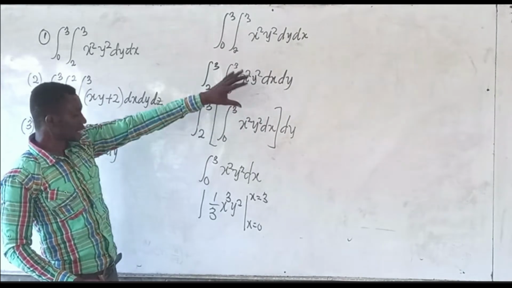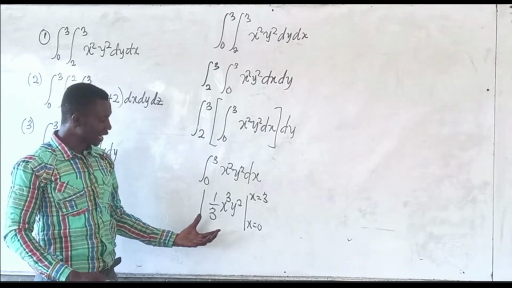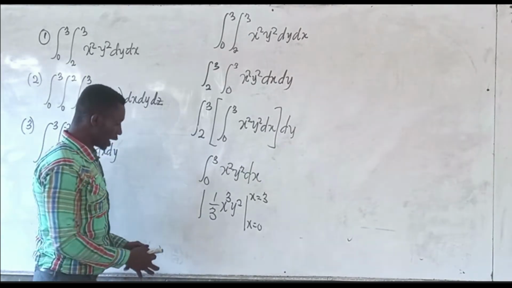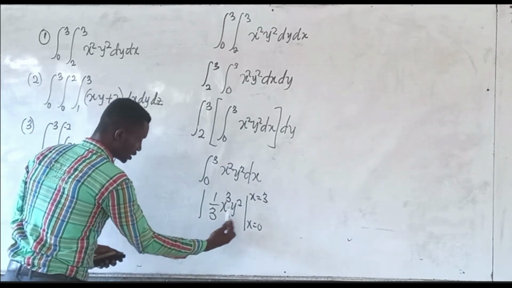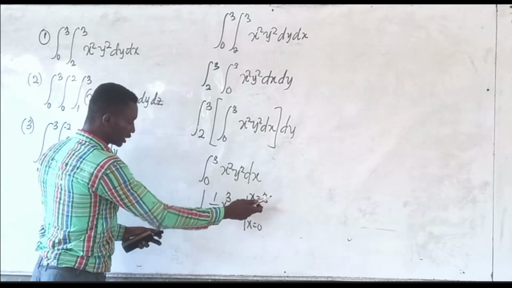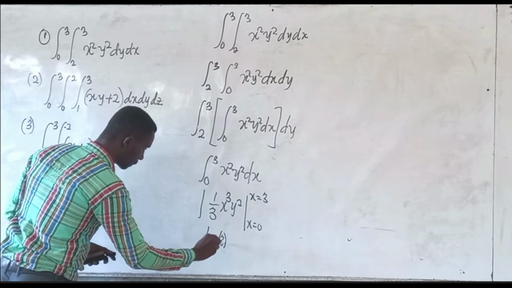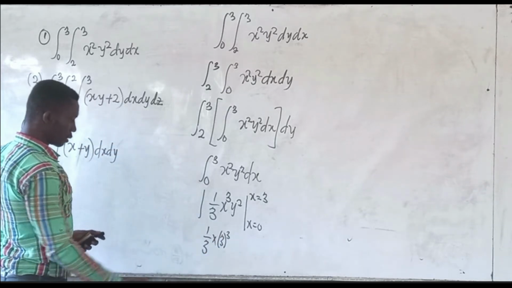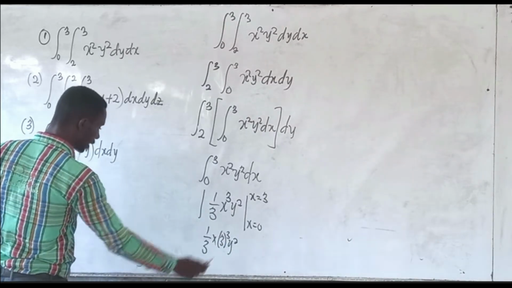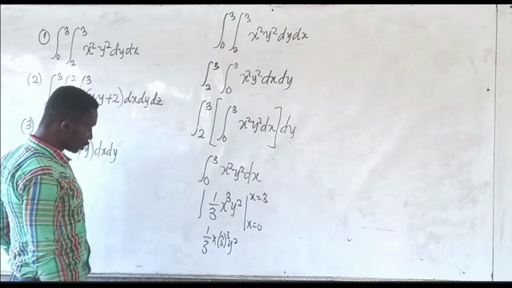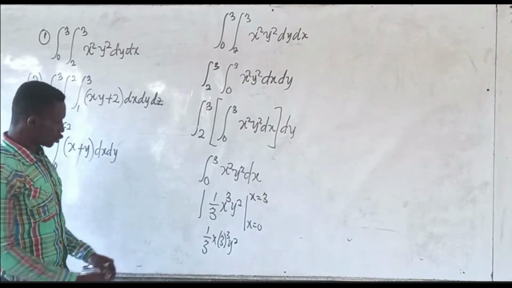After that, I will get a very humble algebraic expression to substitute. When you substitute 0, the whole thing will be 0. Substitute 3: one over 3 times 3 to the power 3, times y squared, because y is a constant. 3 to the power 3 is 27, and 27 divided by 3 is 9.